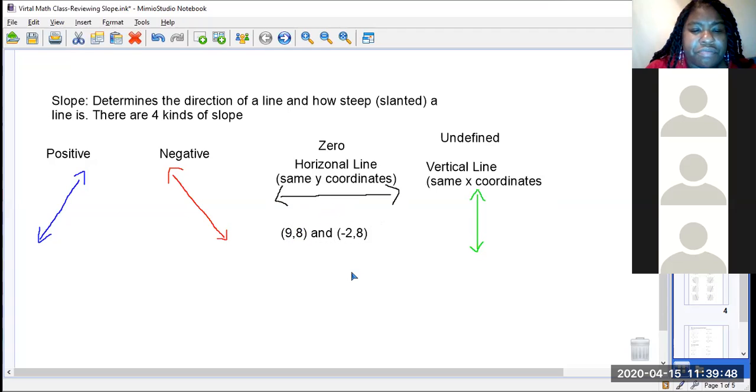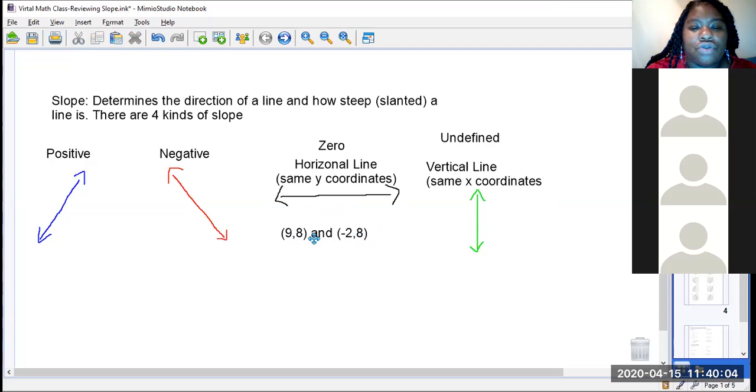Well, that's easy because this 8 and that 8 are both positive. They have to be the same. So one can't be negative and one positive. They both have to be negative or they both have to be positive.